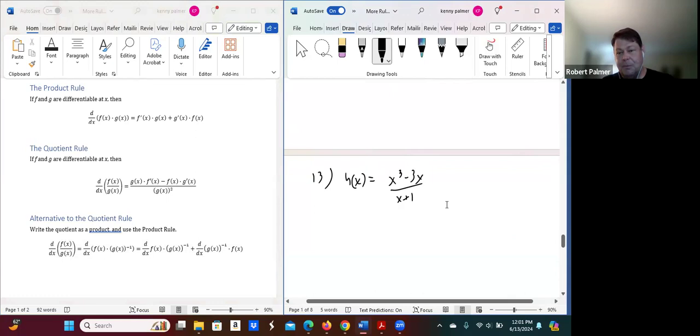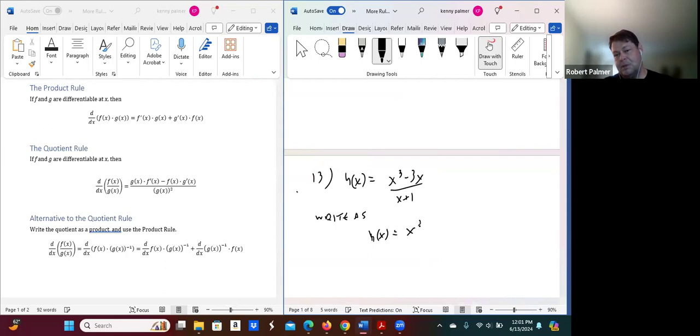All right, so what we're going to do, we're going to write this as h of x is equal to x cubed minus 3x times x plus 1 to the negative 1, okay?